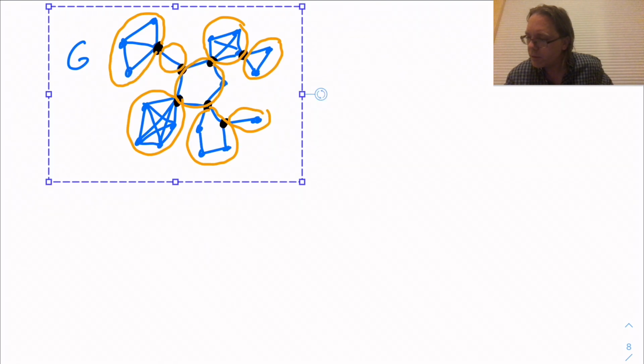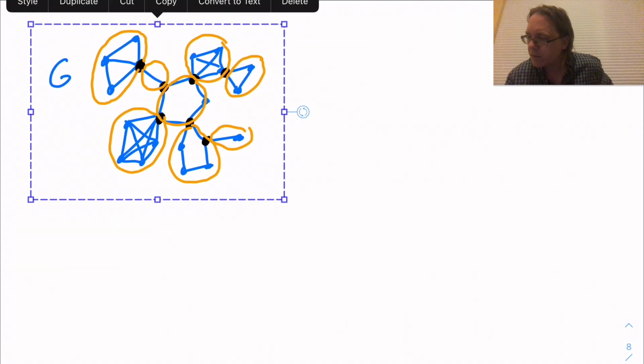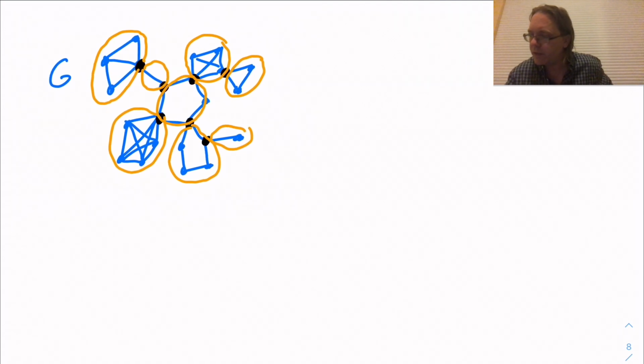Let me just get a new page here. Can I just paste that thing? Yeah, there we are. Okay. So here's my graph G, and let me make some labels. I'm only going to label the things that I care about here. So I care about cut vertices and blocks at the moment.